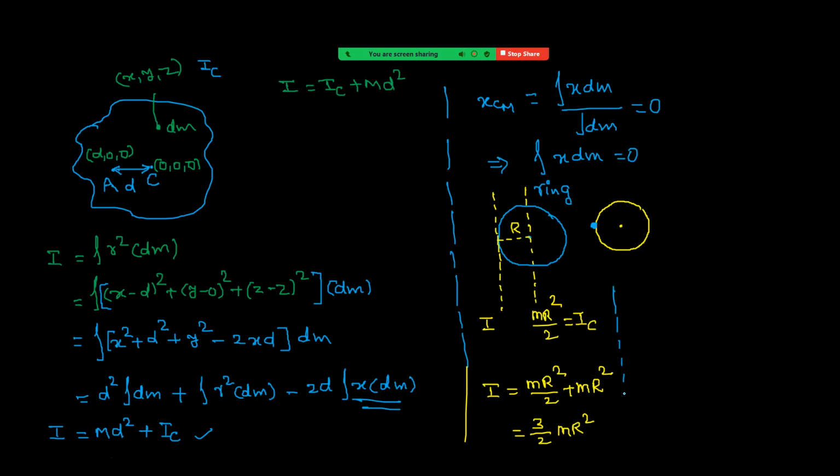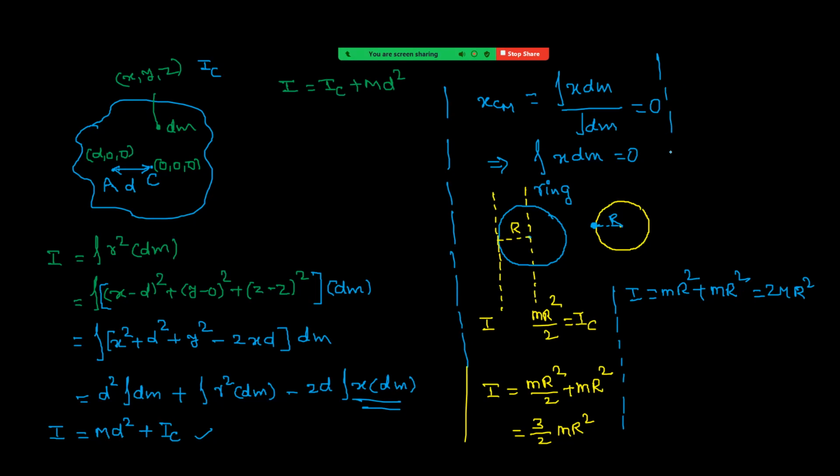That means in this case, about this tangent, I value equal to about own axis mr square, plus separation, it is r, again mr square. It is now 2mr square, because this tangent normal to the plane of the ring is parallel to its own axis. That's why it is mr square plus mr square, 2mr square.